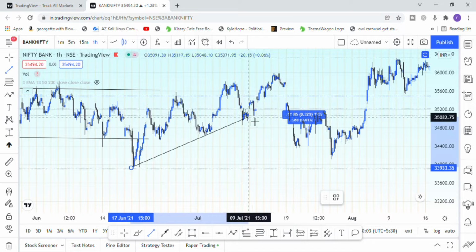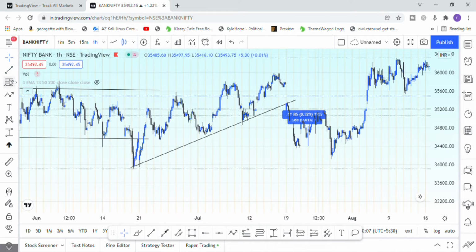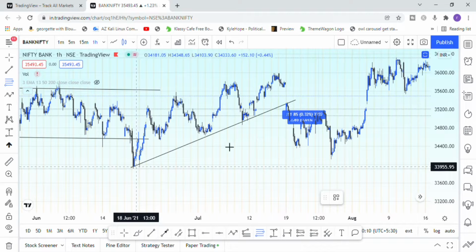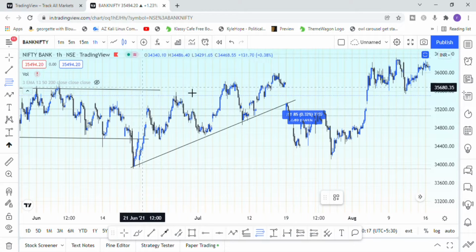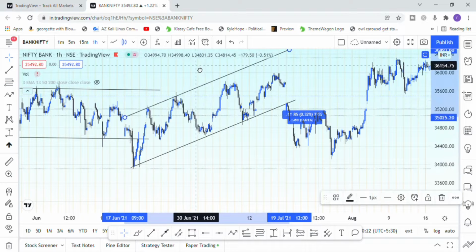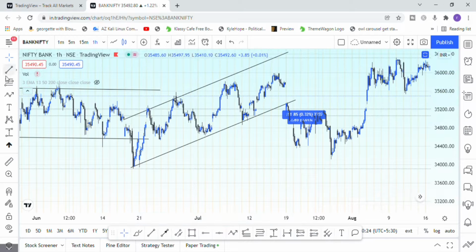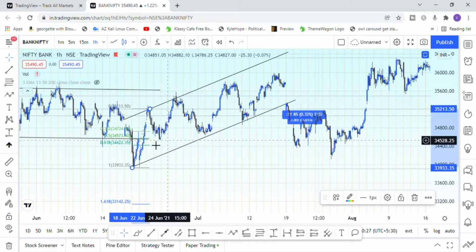I take this as a low, and this as a higher low. The market is in an uptrend for 15 days. So what we do is find a good opportunity for buying.